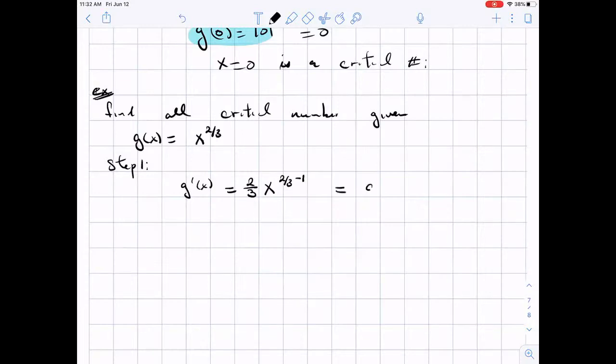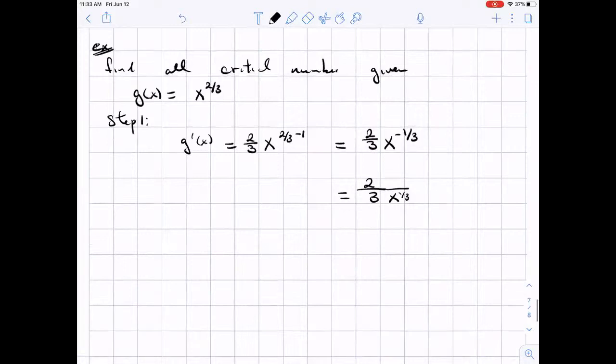So this comes out to be 2/3 x to the negative 1/3, which can be written as 2/3 over x to the positive 1/3, or you can write the cube root of x, okay? Let's rewrite that. 2/3 over x to the 1/3 power, okay?